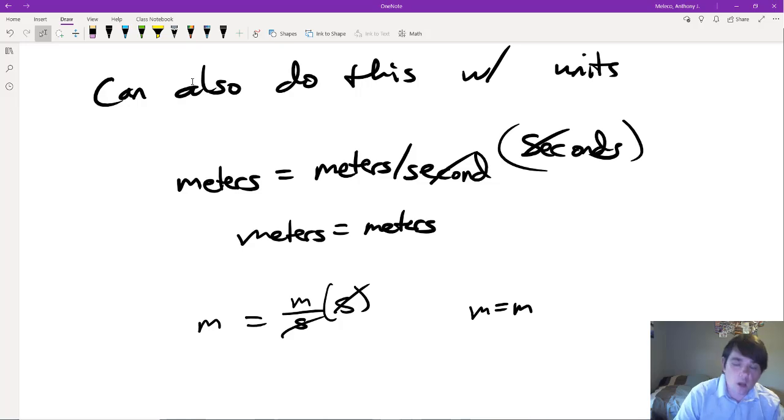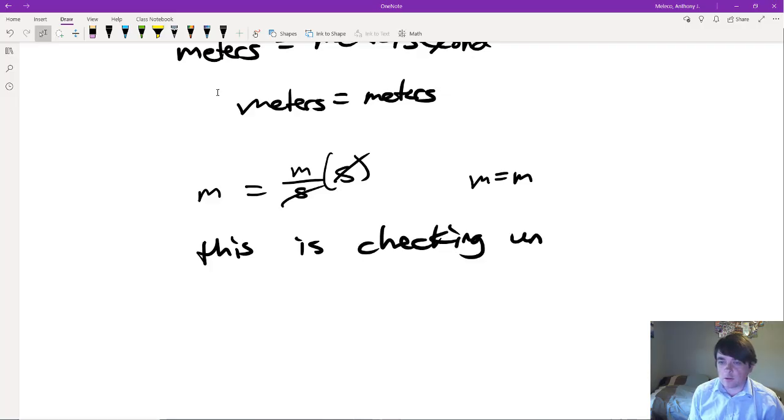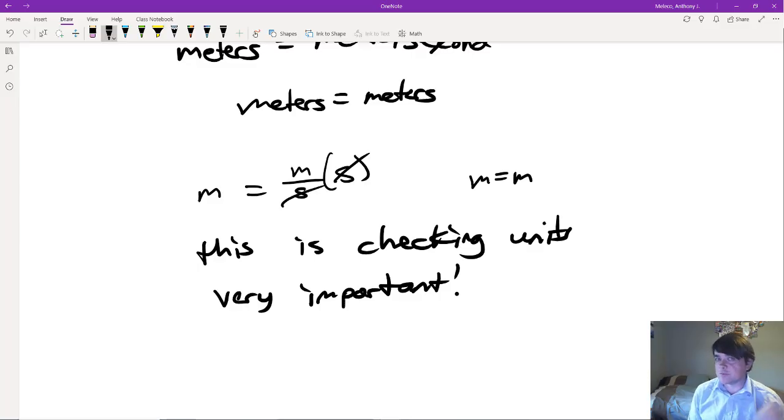Okay. You'll often see me checking units. So this is checking units. Very important. You'll often see me checking units after I solve a problem to make sure that I solved it correctly. Because if I'm trying to solve for time and I don't get seconds after I've solved the problem, something's wrong.